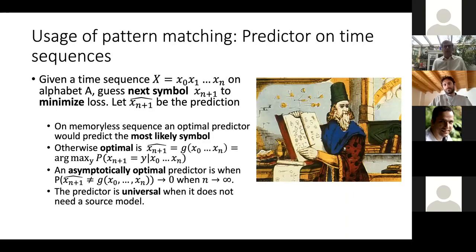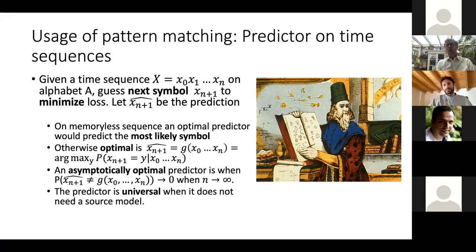One usage of pattern matching. This slide is a little longer than the others, but basically, this slide wants to explain what a predictor is in information theory. You have a finite sequence, or a truncated sequence. You have a semi-infinite sequence, and you truncate it, and you want to guess the next symbol.